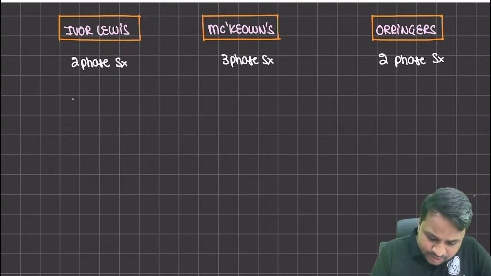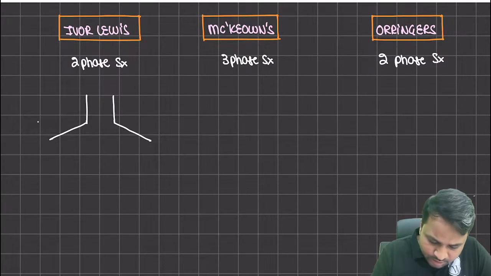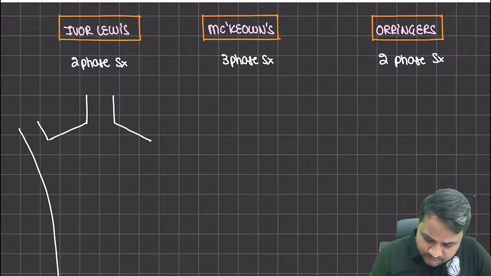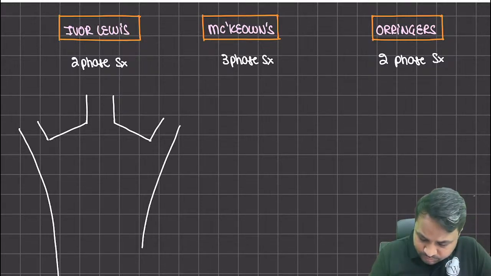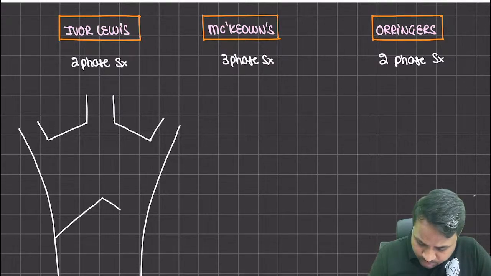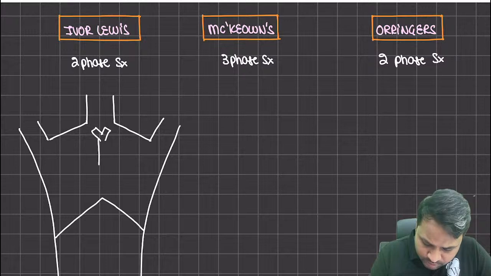Now, if you take this as a representation of the neck, this happens to be the thorax, and let's say this happens to be the abdomen. This is the suprasternal notch, and this happens to be the sternum.